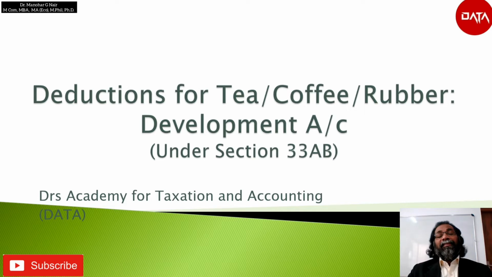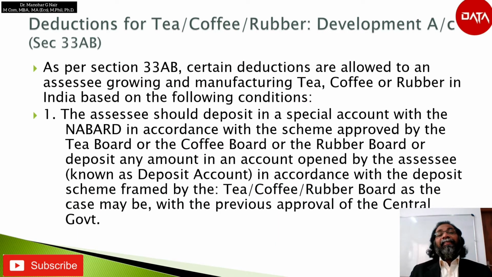Today, let us discuss the deductions for tea development account, coffee development account or rubber development account which is maintained by the assessee. As per section 33AB, certain deductions are allowed to an assessee growing and manufacturing tea, coffee or rubber in India based on the following conditions.